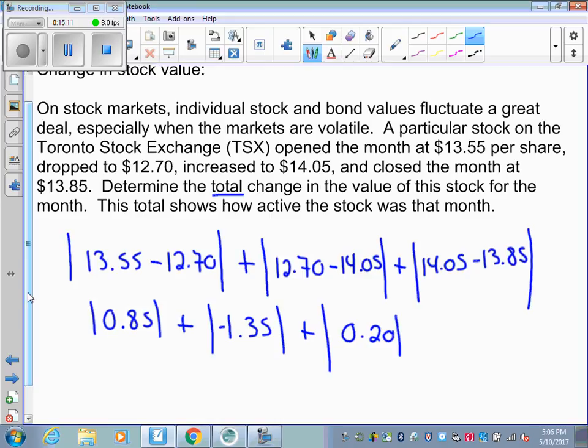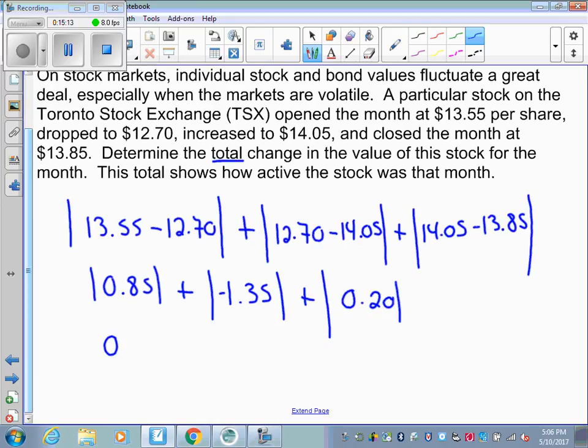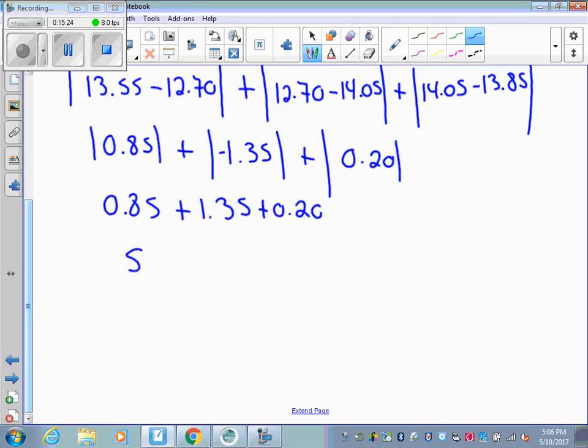So how active was this stock? Well, when you add all the changes up, and remember each becomes positive, that's going to give me my answer.